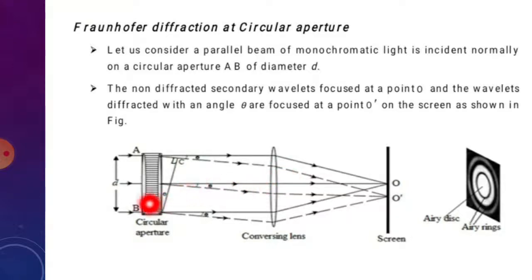Here, along the diameter of the aperture, the diffraction is similar to the single slit, and every point of the wavefront in the plane of the circular aperture acts as a source of secondary wavelets. All these emitted secondary wavelets spread in all directions. Hence, the diffracted wavefronts along the line of the circular aperture are superimposed with each other at O on the screen.